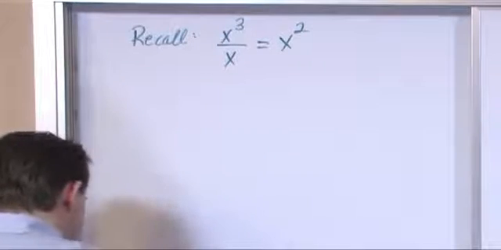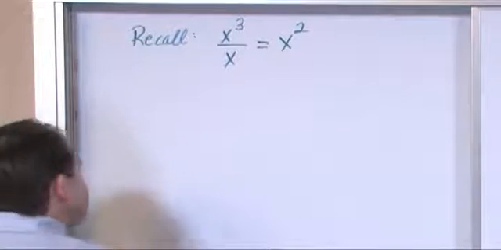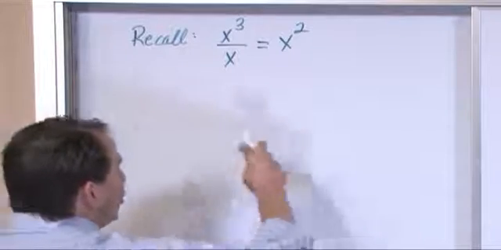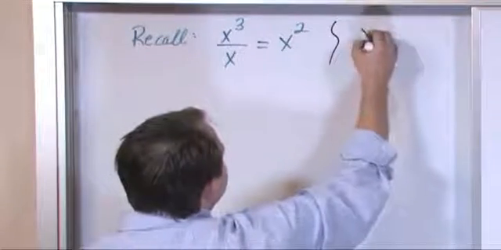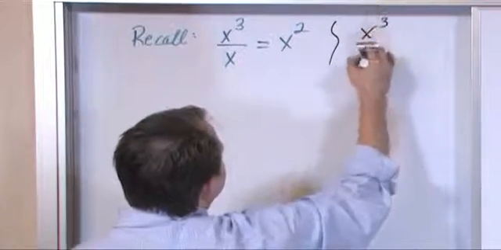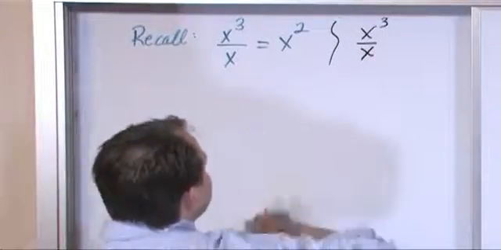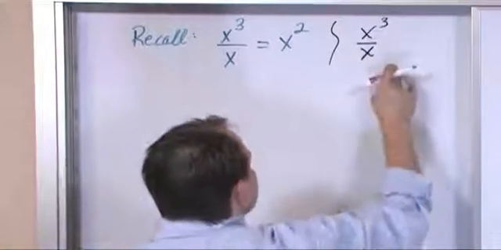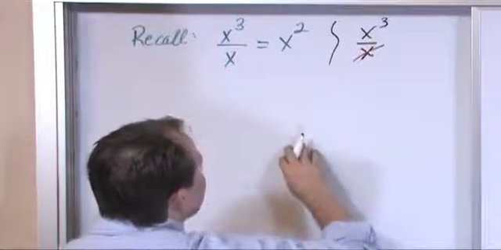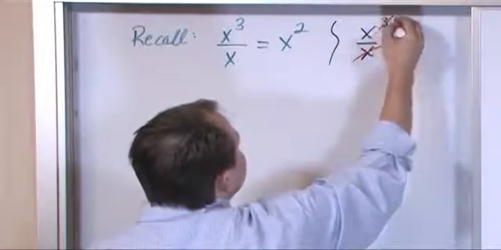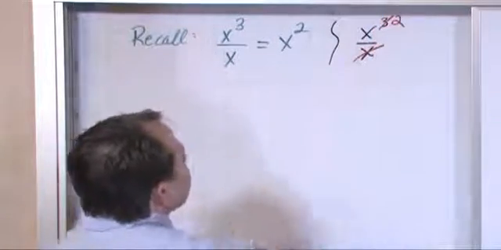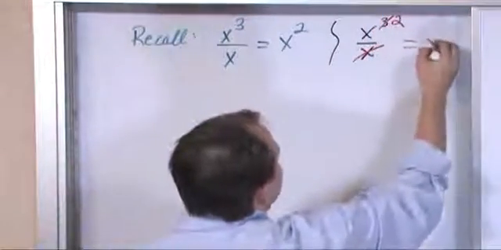Another way to think about it is the way I was talking about more recently, a couple of sections ago. If you have something like x cubed over x, you can think of this fraction as having some x's in the top and some x's in the bottom. Because they're common, I can cancel this x and one of the x's on the top, leaving behind x squared.